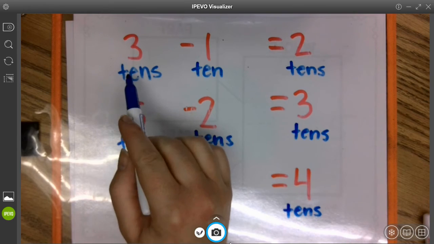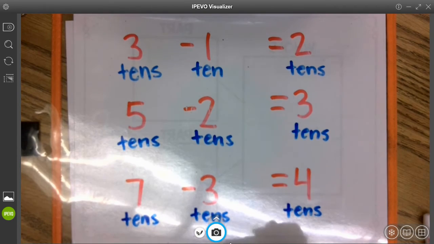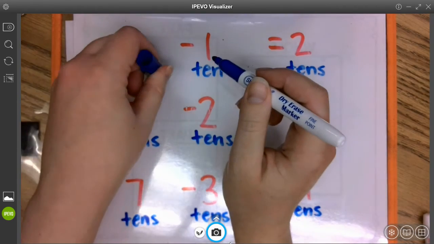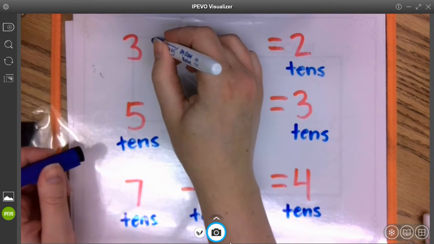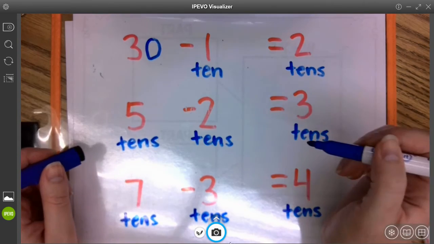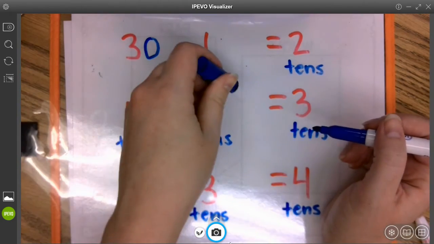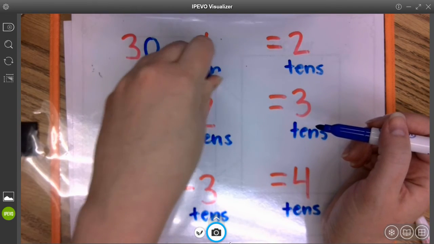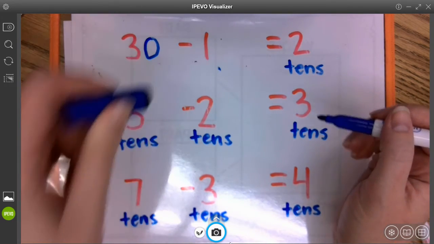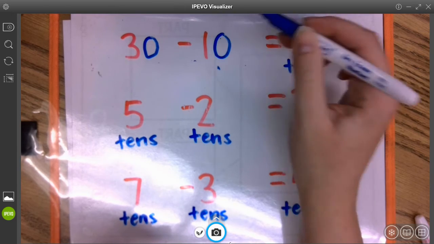So what is 3 tens? What number is that? Okay, 3 tens is the same thing as 30. Okay, what is 1 ten? Just 10.